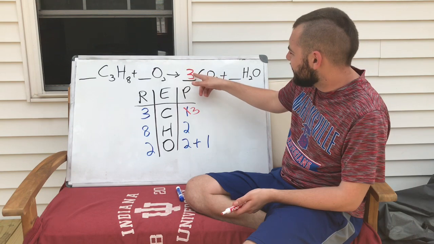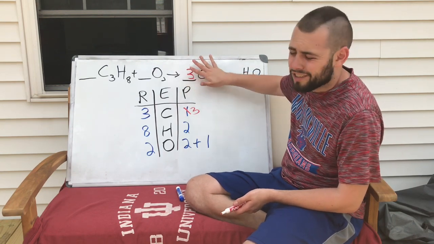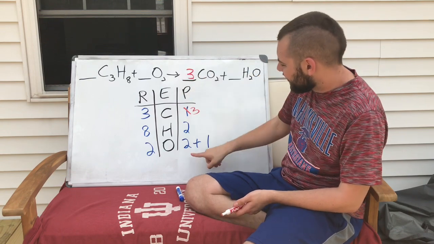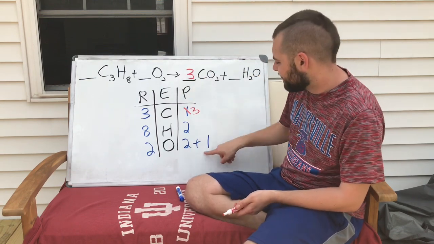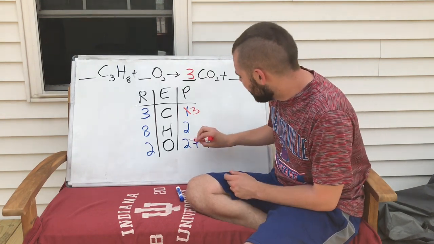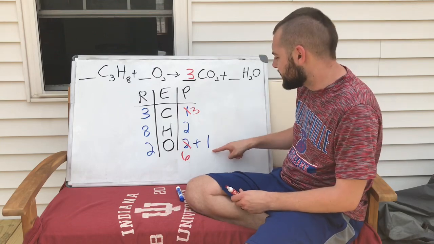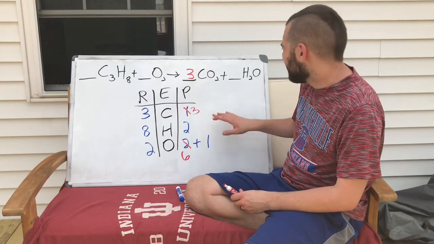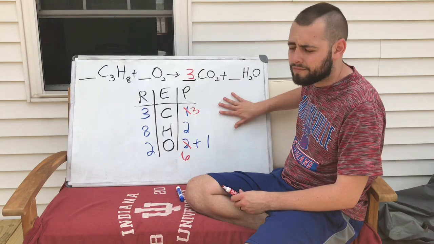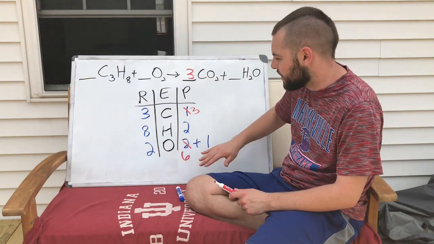Now I've got 3 times 2 is 6 oxygens right here. This is why I broke it up down here. Instead of only having 2, now I've got 6 for a total of 7 oxygens on the product side. But I'm still saving those for later. I'm not quite ready to finish that yet.